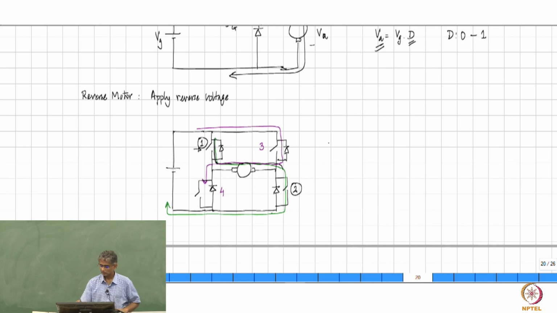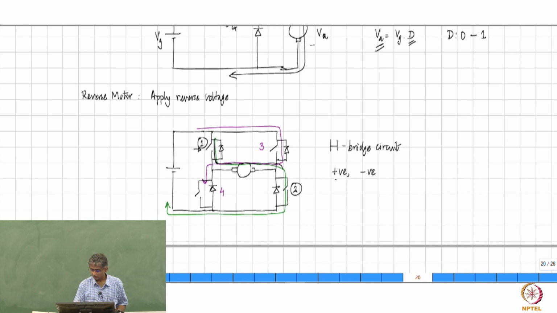This is called an H bridge circuit. So, using this kind of arrangement, you can apply voltage that is positive or you can apply voltage that is negative to the motor.